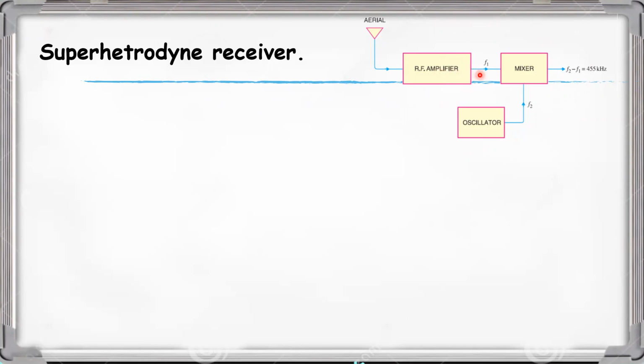Here the RF amplifier has a frequency of F1, the radio station frequency, and the local oscillator has a frequency F2, and when they are mixed using the mixer circuit, it gives F2 minus F1, which must be 455 kilohertz.